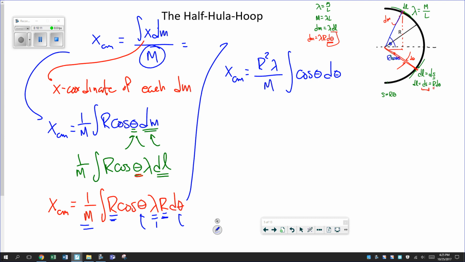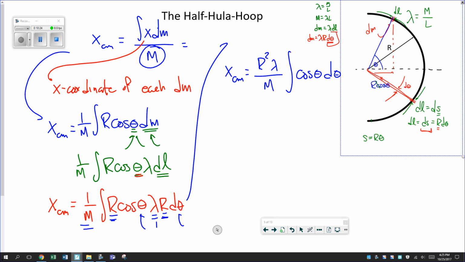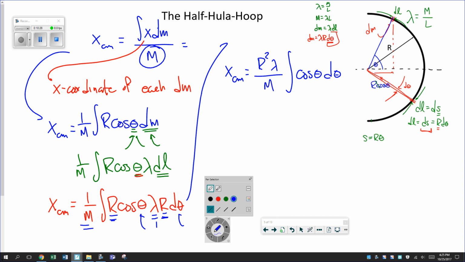Now, what does theta vary from? We need limits of integration. Notice we're measuring relative to this x-axis, and our first dm is down here, and our last one is up here, and we're using a convention that when we measure angles, we measure them in that direction.